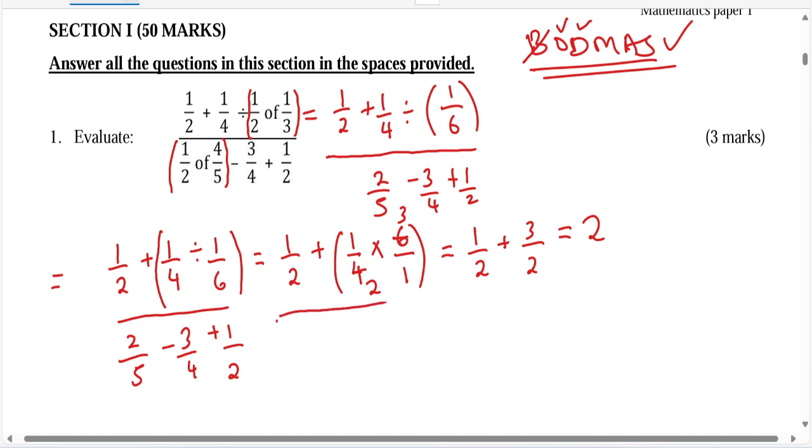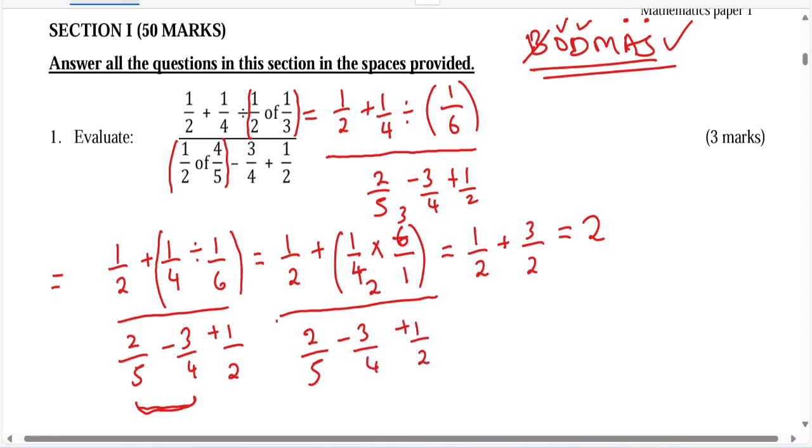Haya, hapa chini sasa ukiangalia kuna subtraction, kuna addition. Ikija mambo kama haya, ukitaka waweza anza na addition, ukitaka waweza anza na subtraction, whichever. Sawa. It won't affect your answer. So let's start with subtraction, kwa sababu nikianza na addition nitaroga somewhere. Okay. So 2/5 minus 3/4 plus a half.